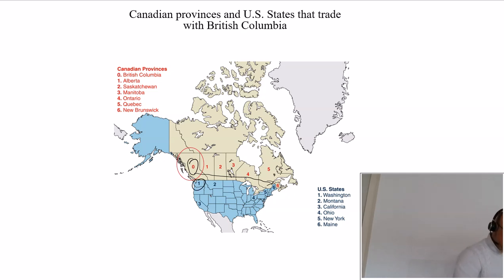So here, the direct neighborhood, state of Washington. The second one, Montana. So the distance of British Columbia to Washington is, as a neighboring state, the same as more or less the distance between British Columbia and Alberta. And here also the distance between British Columbia and Saskatchewan, more or less the same with Montana, with British Columbia and Montana.